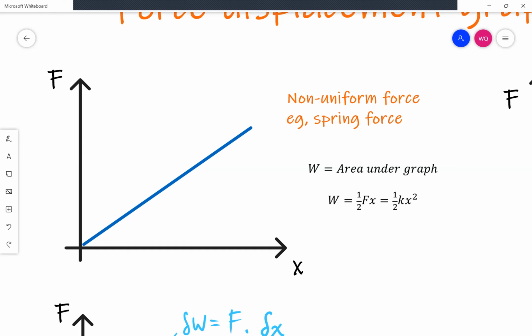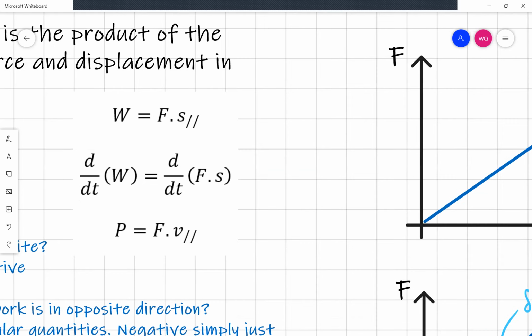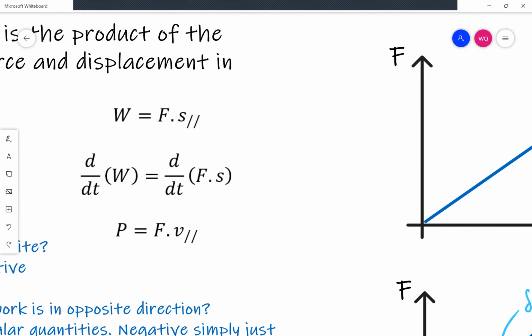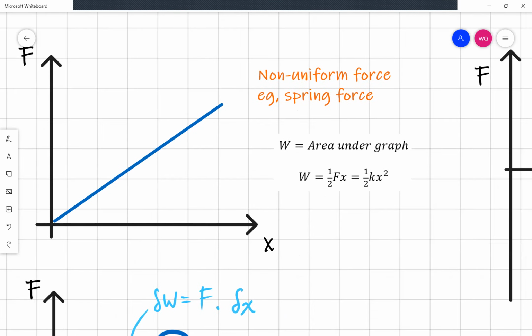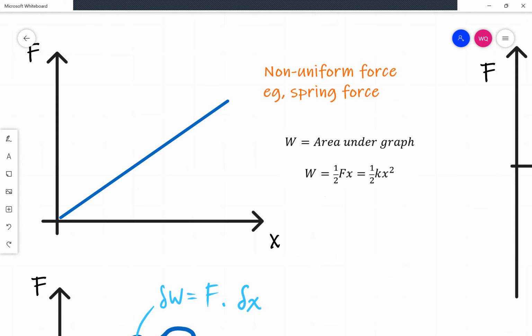This one students struggle with, unfortunately, because they rely on this formula to figure out the work done. They didn't realize that it's actually area. So they always say work done by or against spring force equals force times distance, or force times extension. So in doing so, you miss out a half. So the correct understanding is always area under graph.